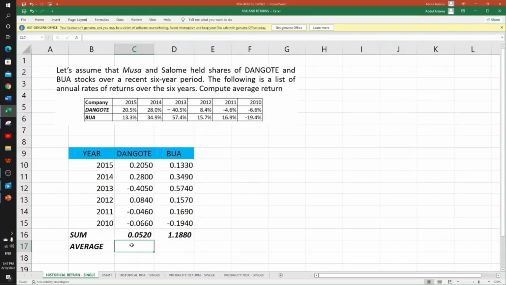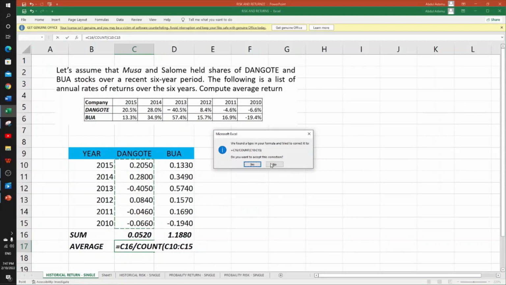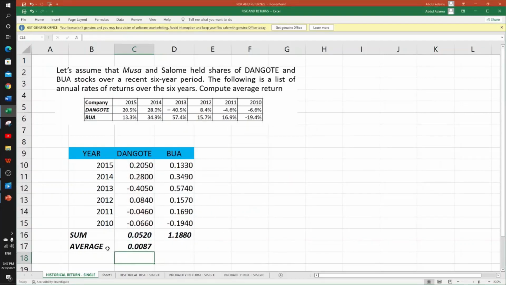Then to calculate the average, all we need to do is take this value and divide by 6, or use the count function, count from here to here, enter. So okay, 0.087 if you want.